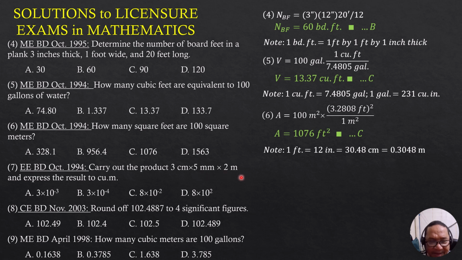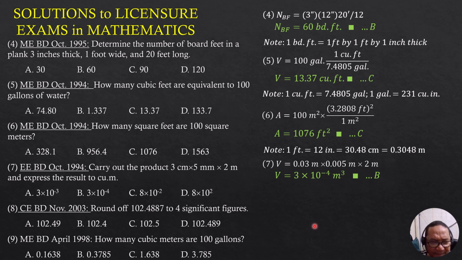Then 2 meters remains 2 meters. So it is 0.03 meter times 0.005 meter times 2 meters, and that is equal to 3 times 10 to the negative 4 cubic meters. So the answer therefore is letter B.